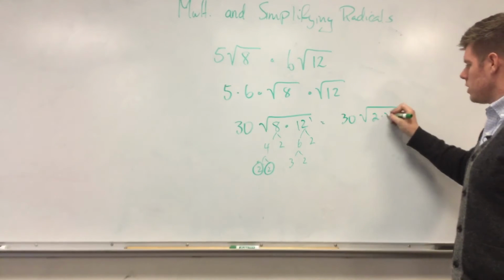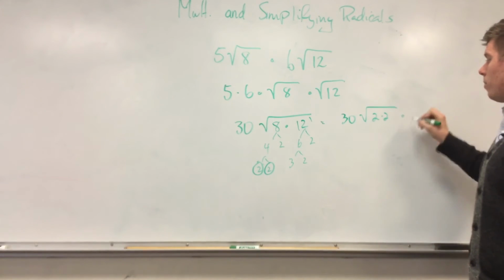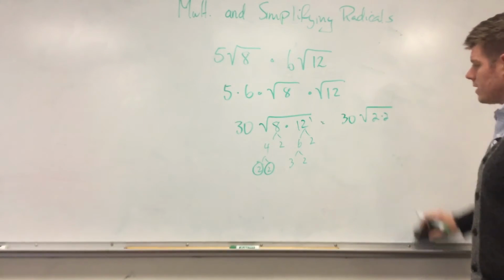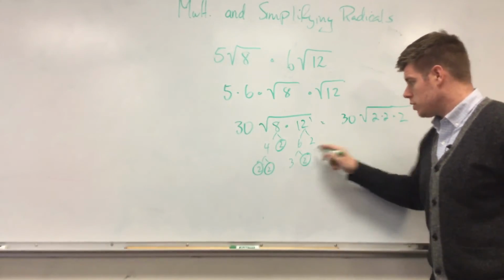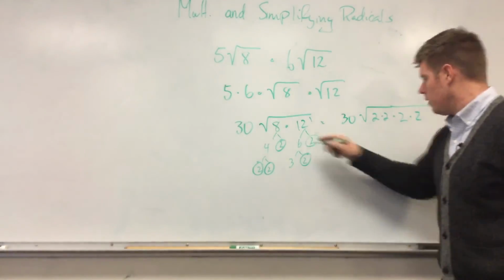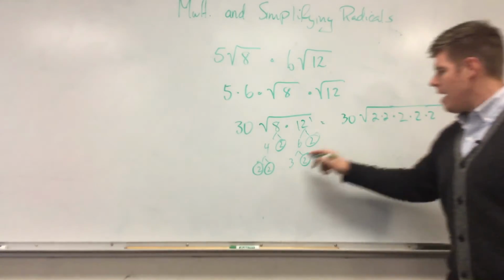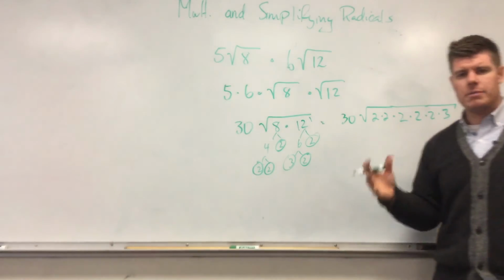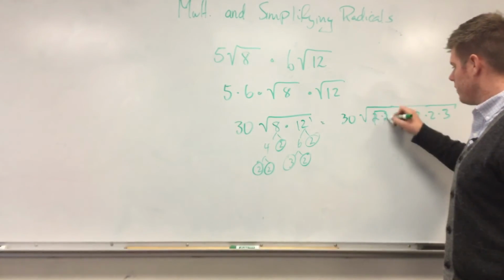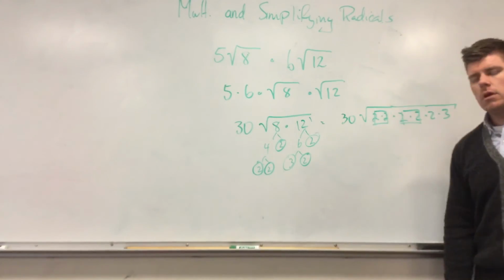So this is 2 times 2. Then I'm going to multiply it by the next thing. So I have another 2, and I have another 2. I'm going to do this in order. And then I have this 3. So times 3. The goal is to find pairs. So here's a pair, and here's a pair.